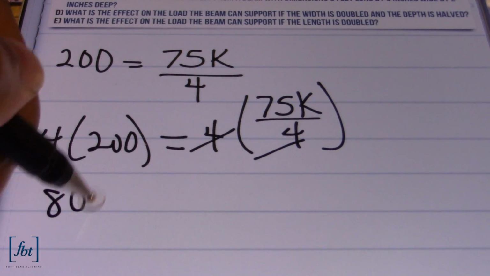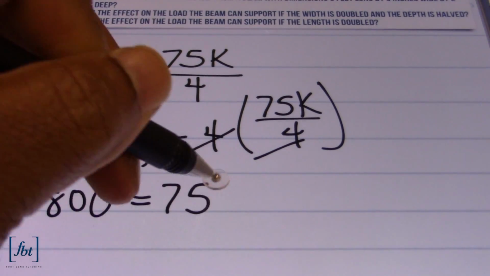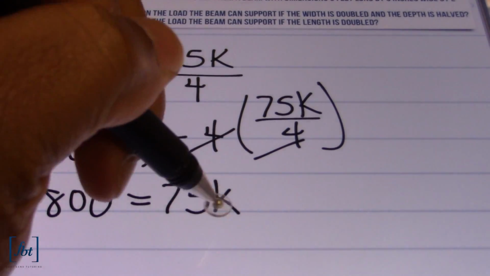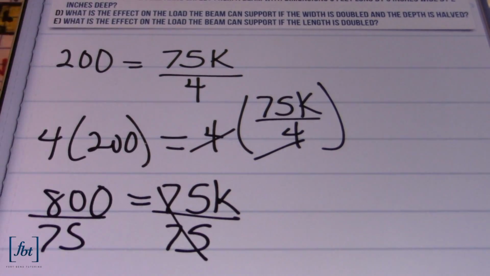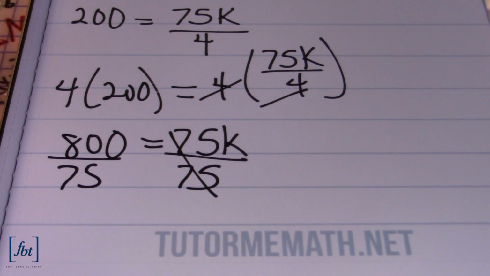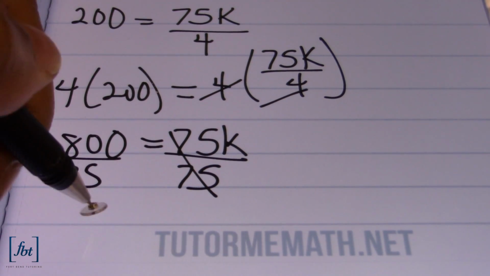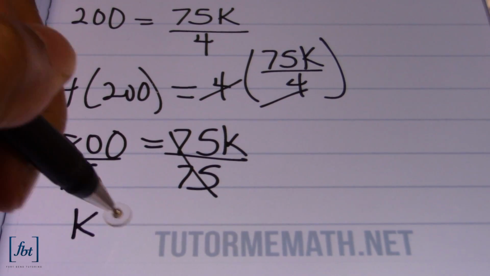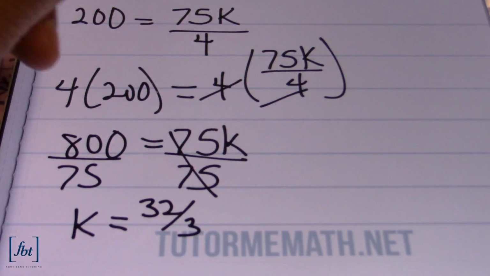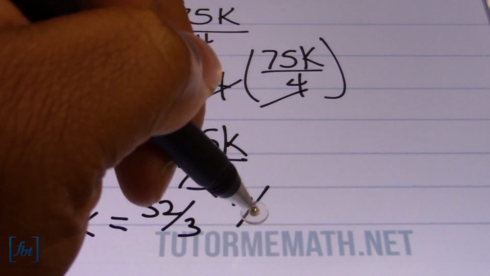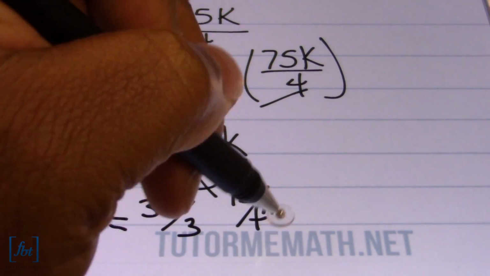You'll have 800 equals 75K. Solving for K, we'll be dividing both sides by 75. And once I simplify this by 25, you'll find that K equals 32/3. And that's it. So we end up with 32/3 pounds per square feet.